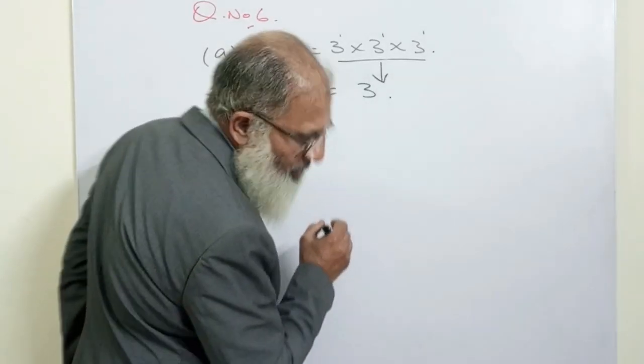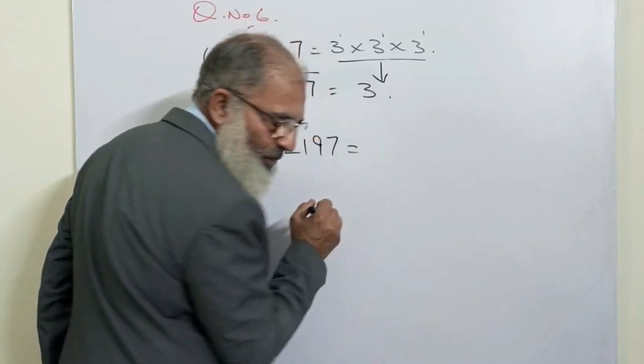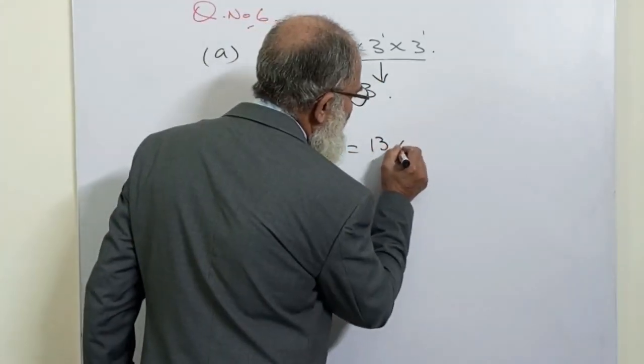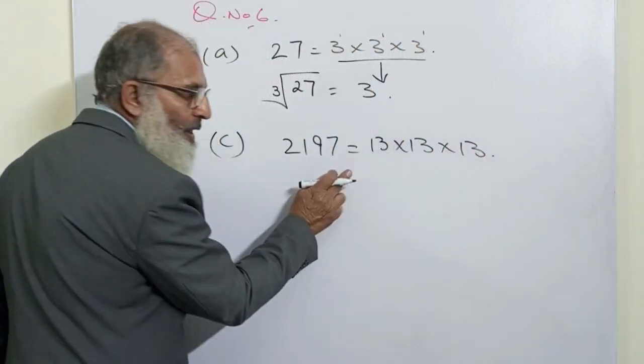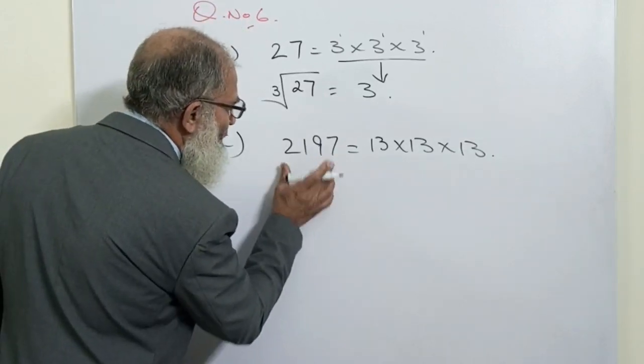Part C is 2197, that is equal to 13 times 13 times 13. Again we have to find the cube root because the question was the same.